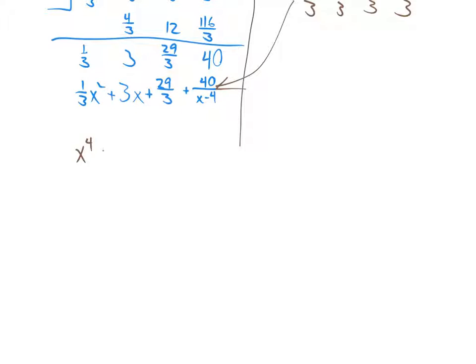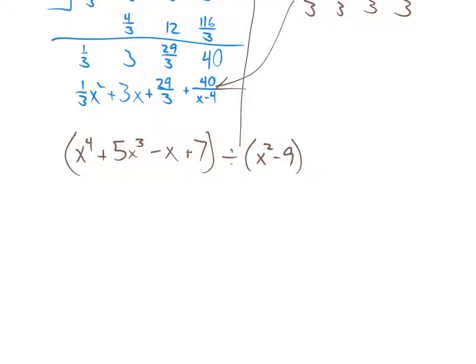If we had an x to the 4th plus 5x cubed minus x plus 7, something like that, divided by, say, an x squared minus 9. This probably would be easier to use long division for unless you knew it was going to come out evenly.